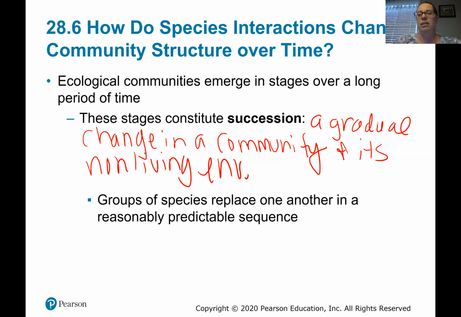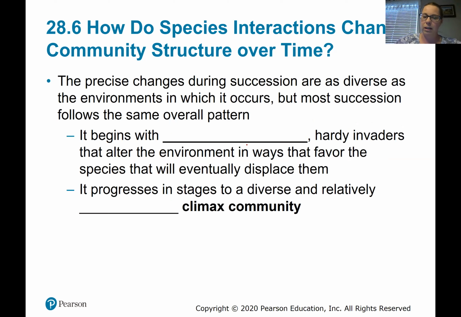You would see differences in the different types of milk and the different bacterial species that went in succession from one another. I don't do that one anymore because it does kind of smell. But it's interesting to see that it goes from one type of bacterial species to the next once it has basically taken all of its resources, then another bacterial species will begin to thrive and so forth. And so it's like a predictable sequence.